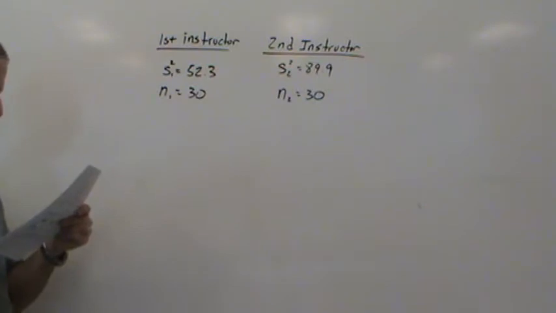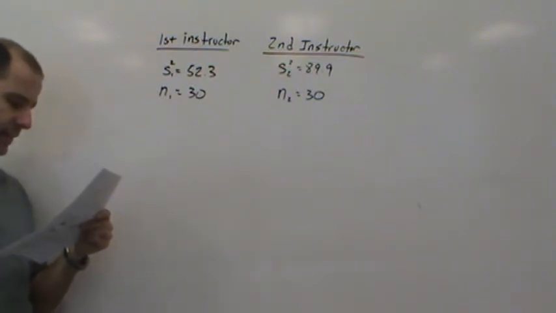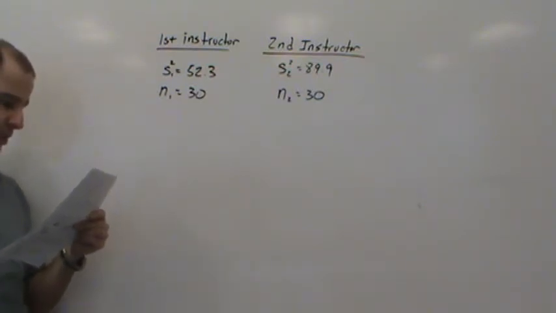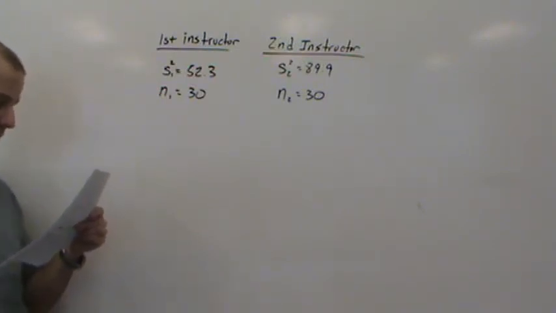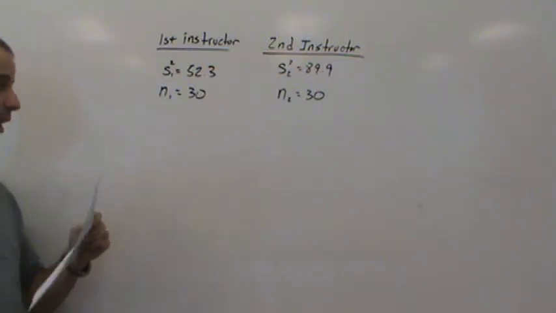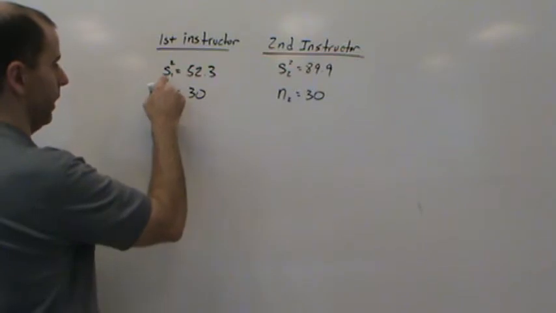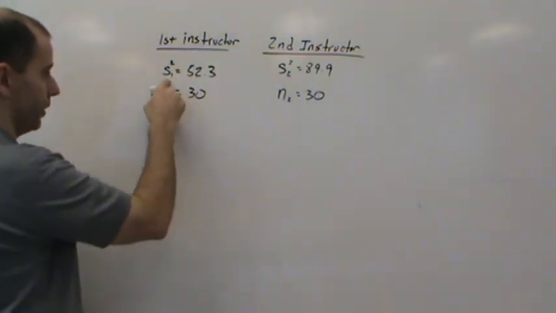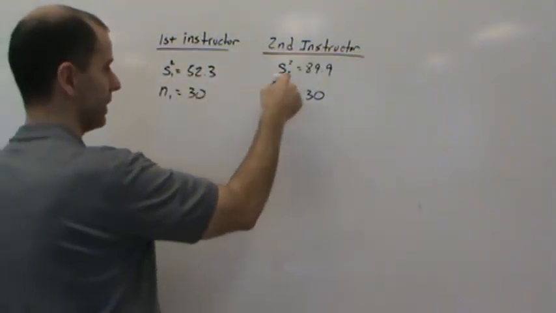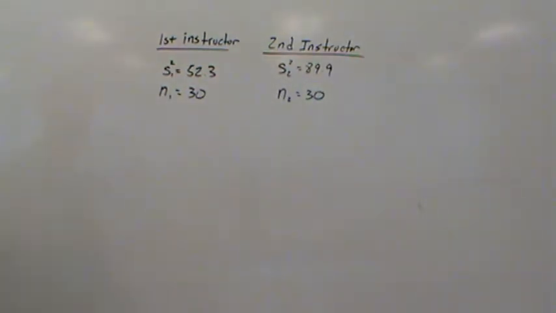Which one has the larger variance? We want to test the claim that the first instructor's variance is smaller than the second instructor's. So here, what we want to test is the claim that the first instructor's variance is less than the second instructor's variance, okay?